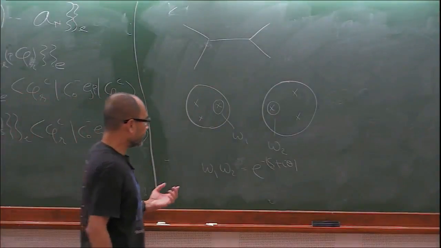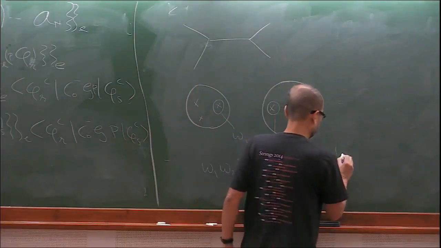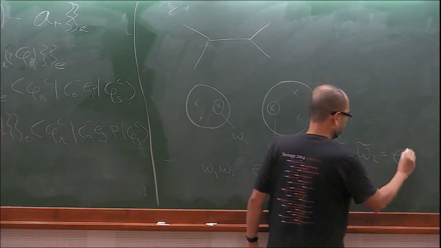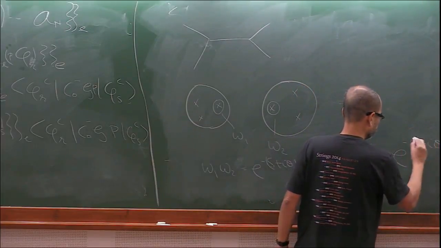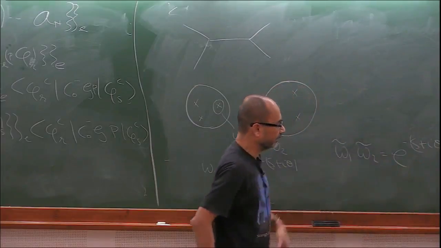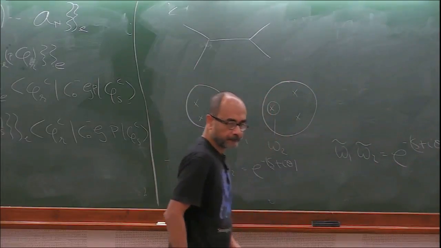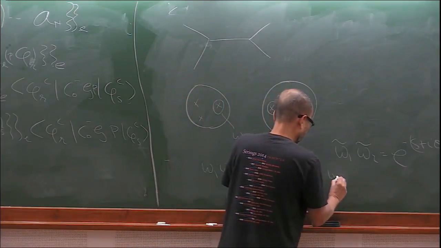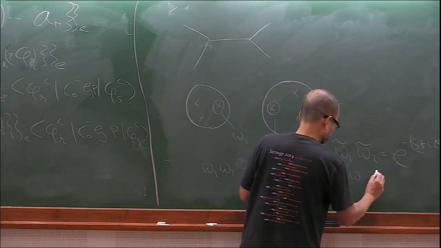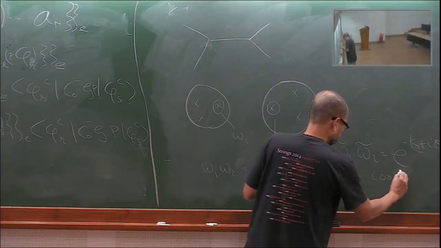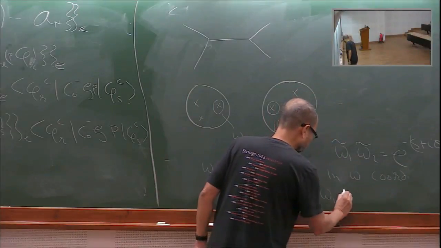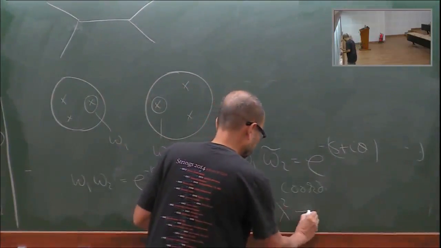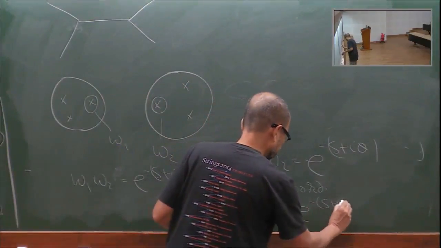Now suppose you replace w by w1 tilde, w2 tilde. So if you take w1 tilde w2 tilde equal to e to the minus s plus i theta, this will be the new gluing condition. But this means that in the w coordinate, the gluing rule is w1 w2 is equal to lambda squared e to the minus s plus i theta.